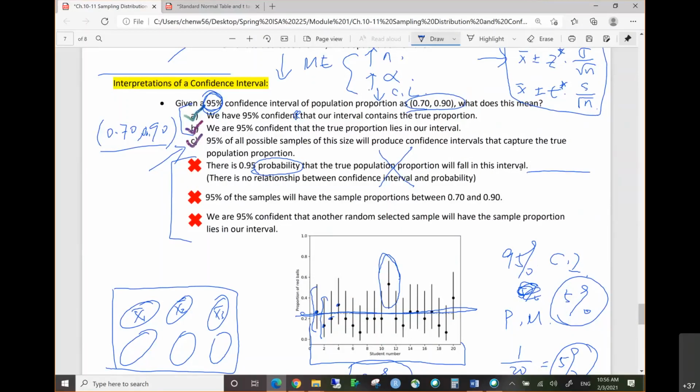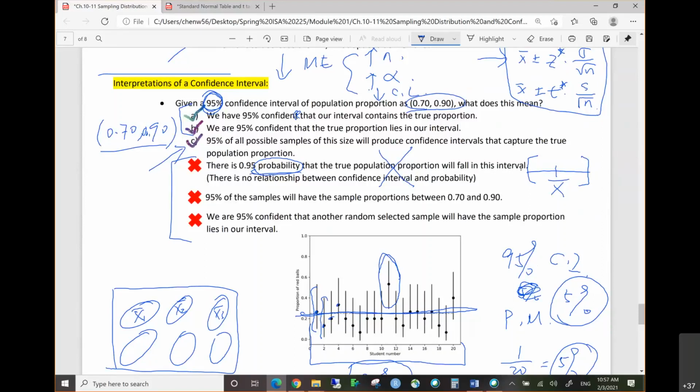Once you have the sample, your sample mean is already fixed. Based on this sample mean, your confidence interval is also fixed. So your population mean will either fall in your confidence interval or fall outside it. There is no probability related with your confidence interval. It's either inside or outside. So there is no relationship between the probability and the confidence level.